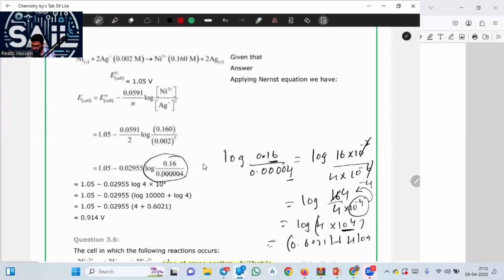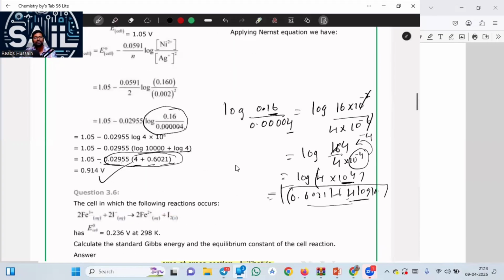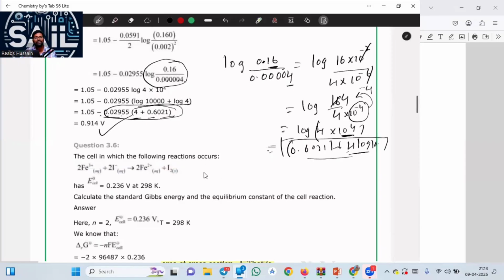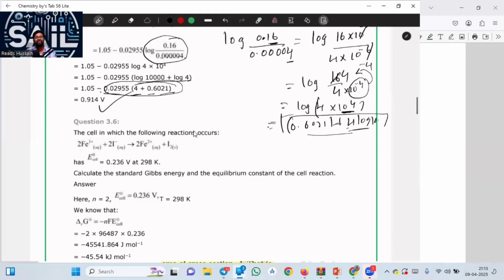If you know this simplification, you can find it easily. This is 4 plus 0.6021, and here minus 0.02955 you get. If you simplify all these things, finally you get this. And if you feel any difficulty, just message me. I'll explain these logarithmic conversions and all in the coming classes.